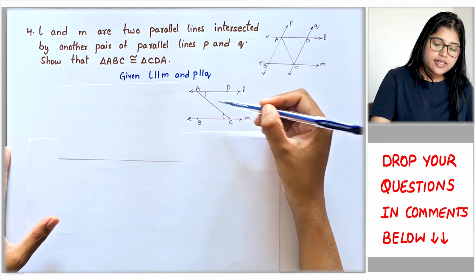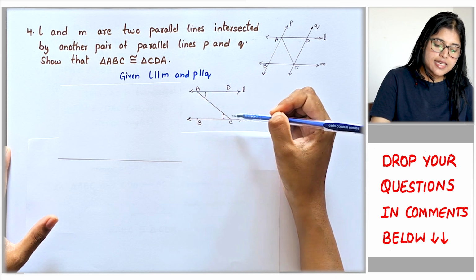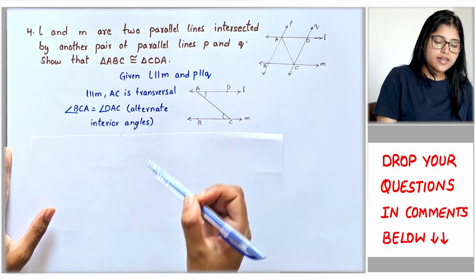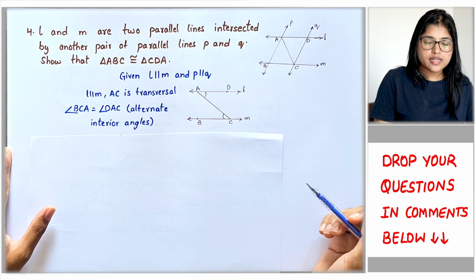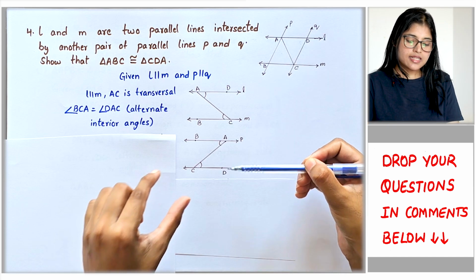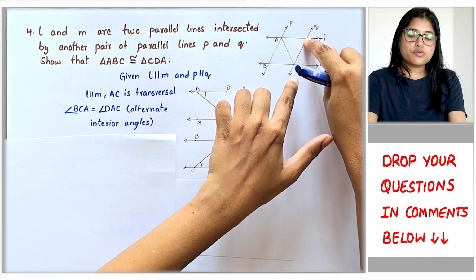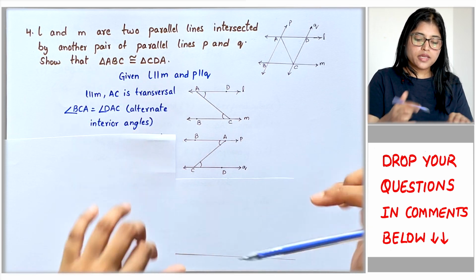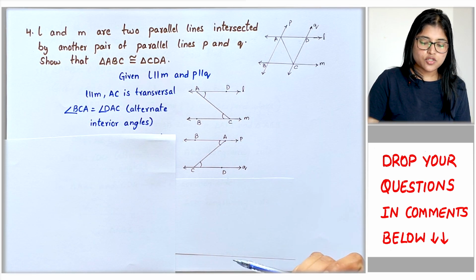Again, alternate interior angles here, DAC and BCA should be equal. So angle BCA equals angle DAC because of alternate interior angles. So let's take a figure showing P and Q as parallel lines and AC as the transversal. So I have taken this figure here, turned it 90 degrees and tried to show P and Q only and AC as transversal.